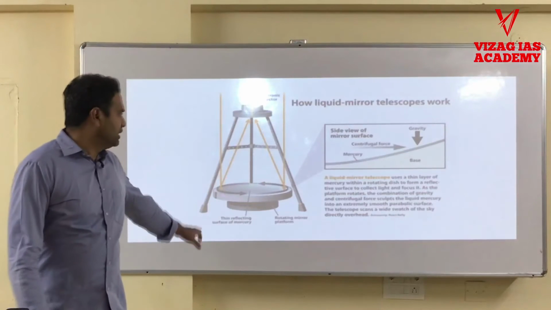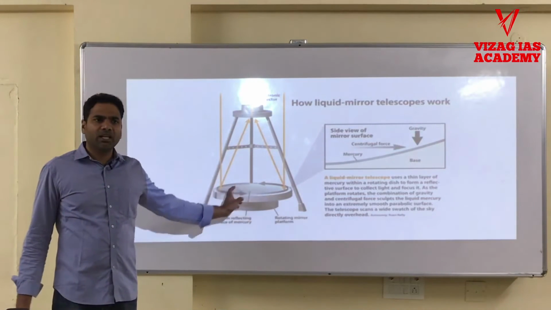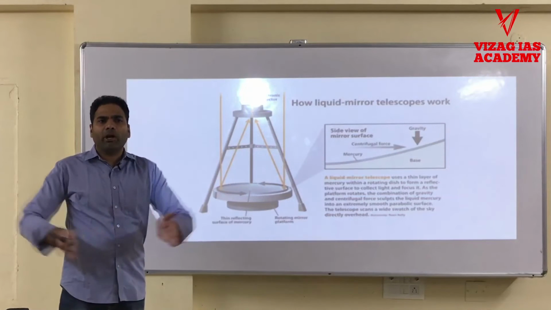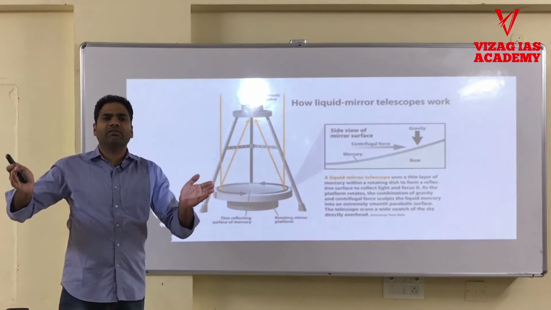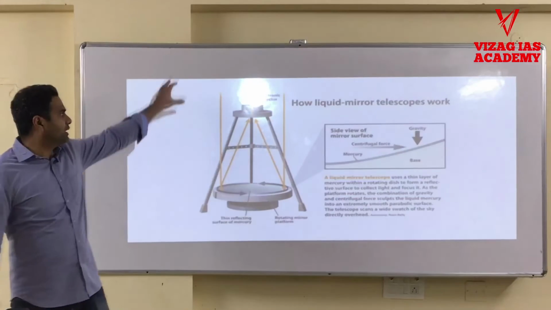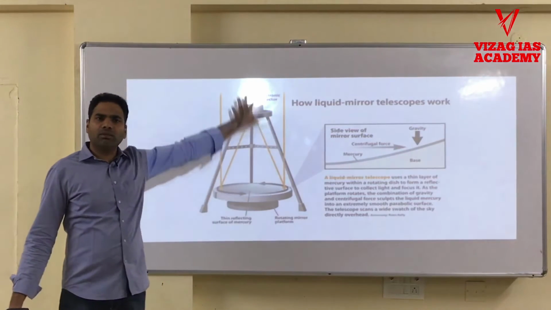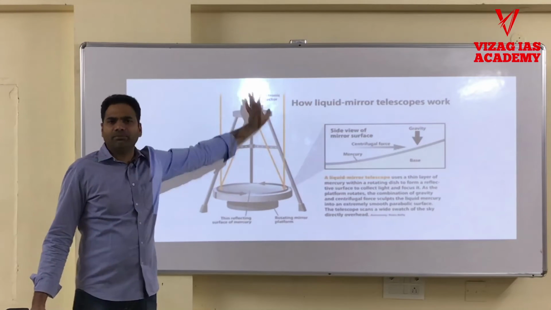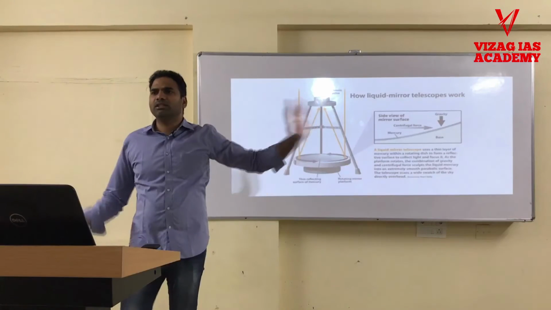See, this is where the mercury is poured. This disc will be moving at a high speed so that a parabolic mirror kind of thing is created using the liquid mercury. This captures the undisturbed light coming from above and reflects it here, where it can be observed. This is simple.